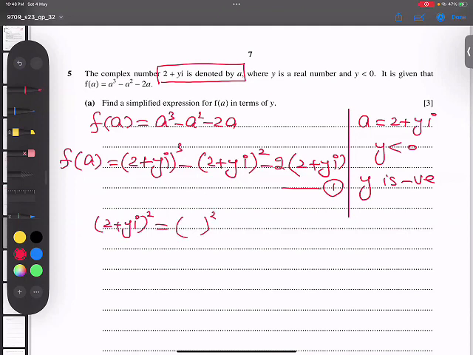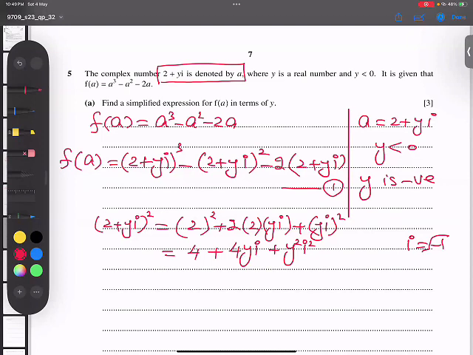Basically, first term square plus 2 into first term, second term, plus second term square. 2 comes in the first bracket and y iota comes in the second bracket. 4y iota and y to power 2 and iota to power 2. And you know iota is the root of -1 and iota square is -1. That is why I can replace in the next step. This is -1, so minus y square.